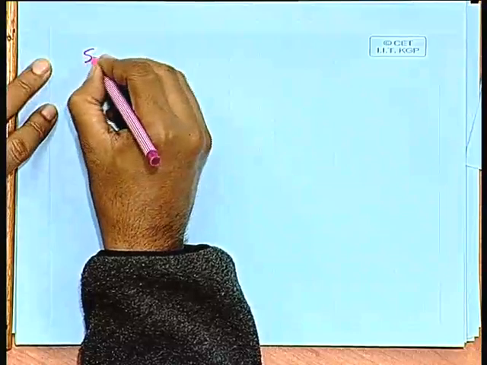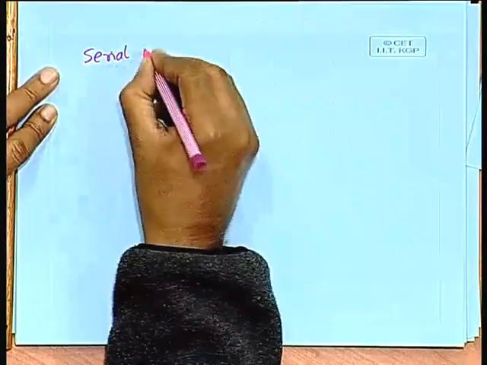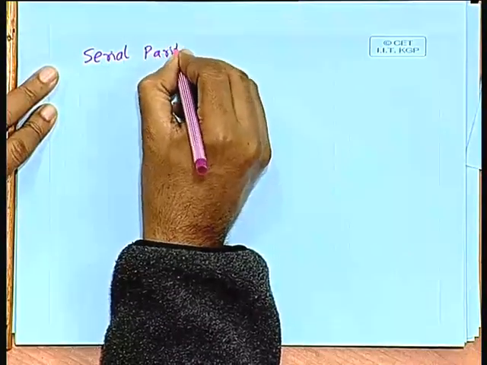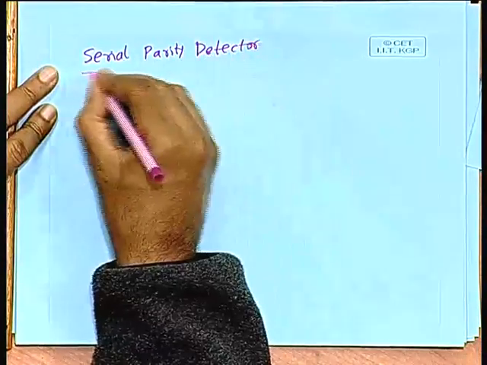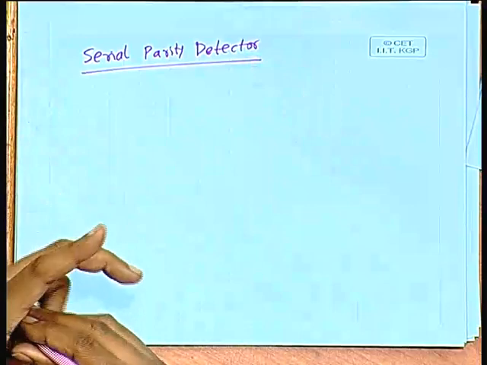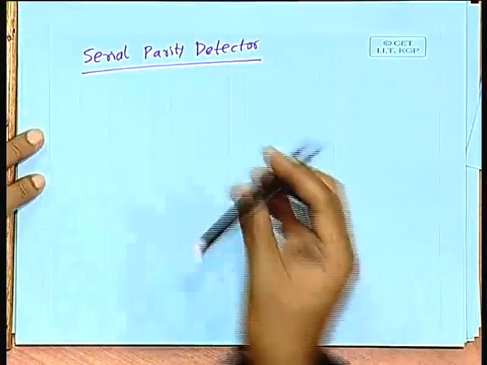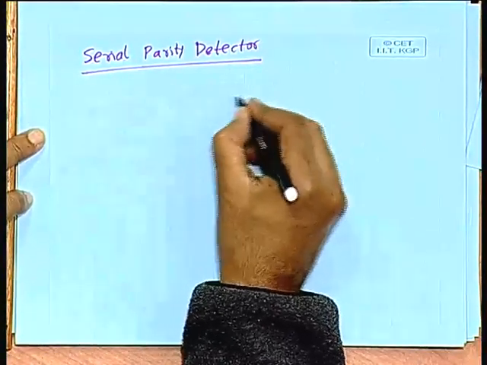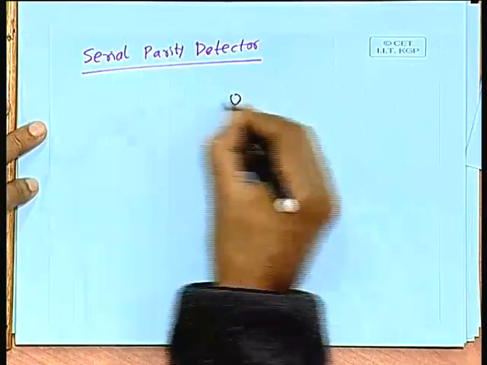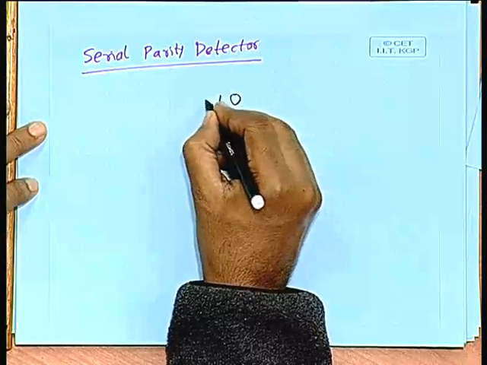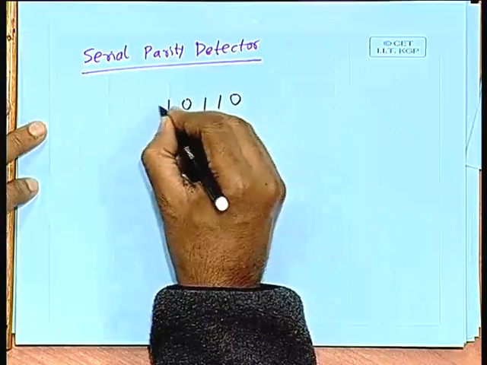See, here what we are actually designing is a serial parity detector, right? Let us take an example and illustrate. Suppose this is the first bit which is coming, I am showing from this side onward. Suppose the bits are coming in this way.